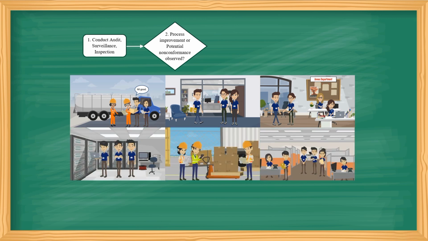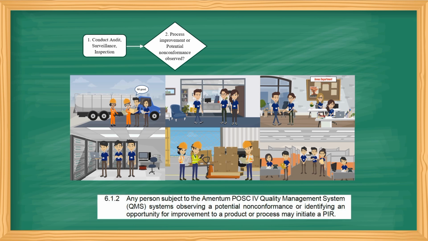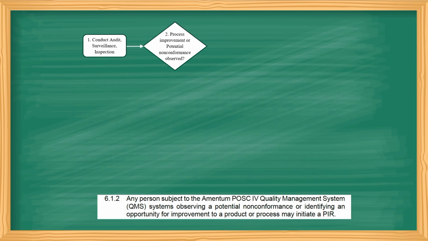Under Section 6.1.2 of the Proactive Improvement Work Instructions, any person subject to the Amentum POSC 4 QMS systems observing a potential non-conformance or identifying an opportunity for improvement to a product or process may initiate a proactive improvement request, PIR, that shall be communicated or coordinated with the Office of Primary Responsibility or OPR.